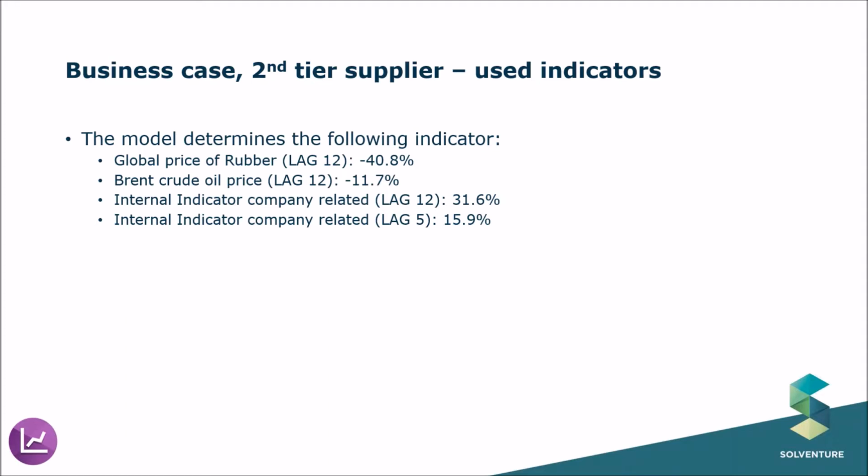So when you first see this type of results, you ask yourself questions like one of the questions we asked internally: could this be due to seasonality? Because maybe there's just a seasonal pattern in the indicator, and if the price of rubber has a certain effect, I don't know, in December, because there's more or less sales of rubber in December, and there is a certain effect in our sales.